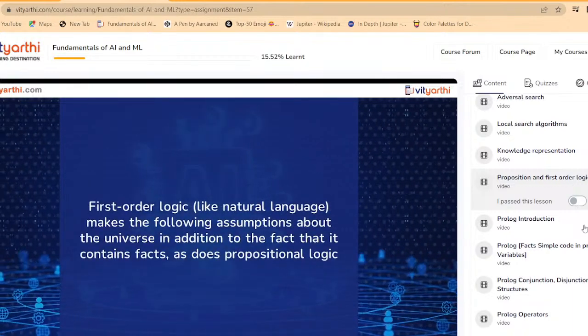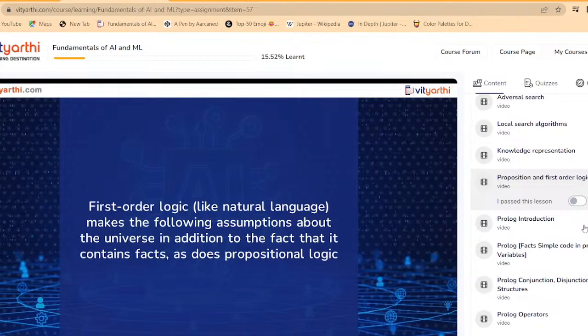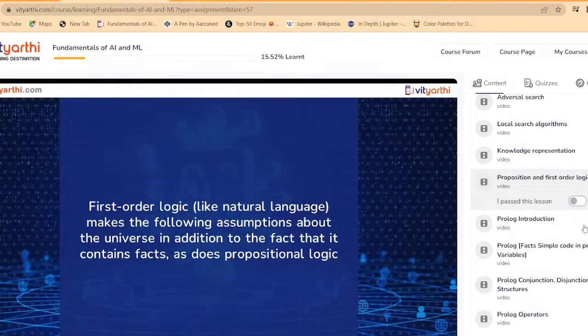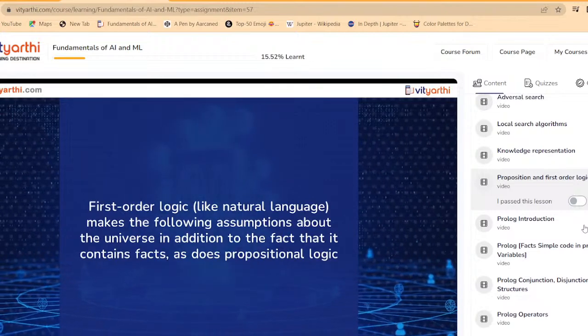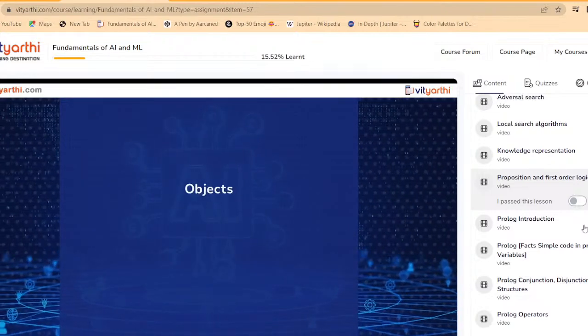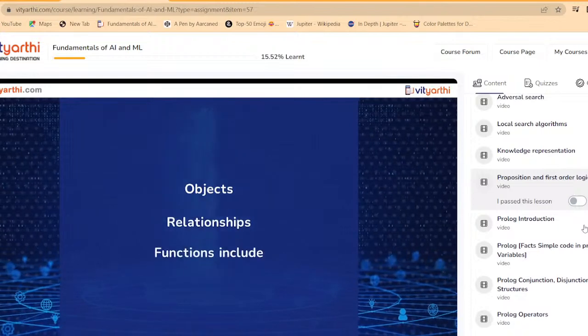First order logic makes some assumptions about the universe, in addition to the facts that propositional logic contains: objects, relationships and functions.